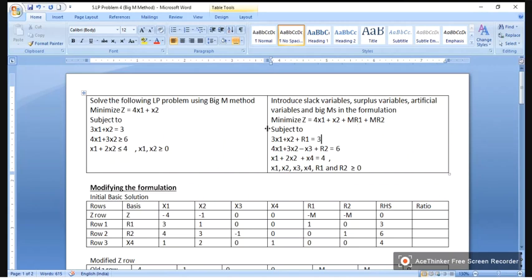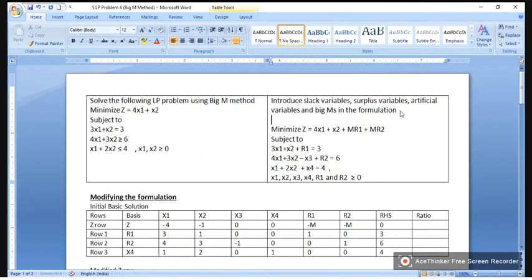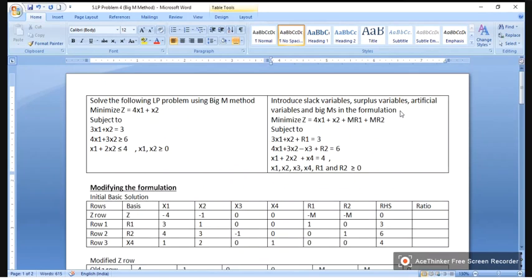If it is maximization function, we will be penalizing with minus Mr1 and minus Mr2. So for the timing, just mechanically try to understand everything, so afterwards we can understand the logic, right?